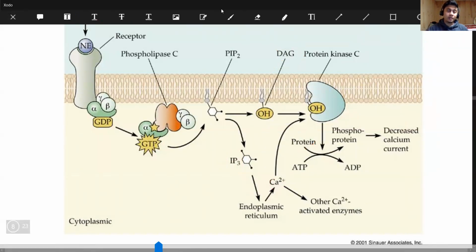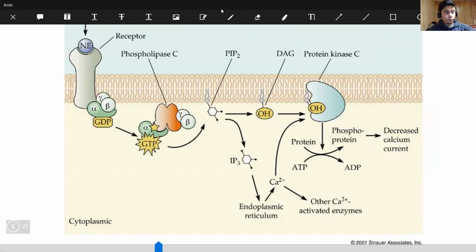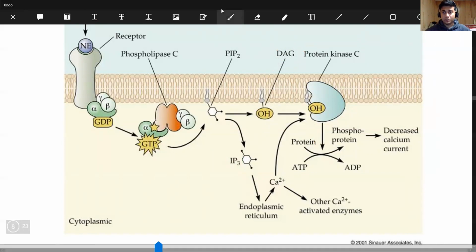So the basics you need to know are how these proteins work. When this Gq coupled receptor is working, there's a G protein Gq coupled trimer, that means alpha, beta, and gamma subunit.